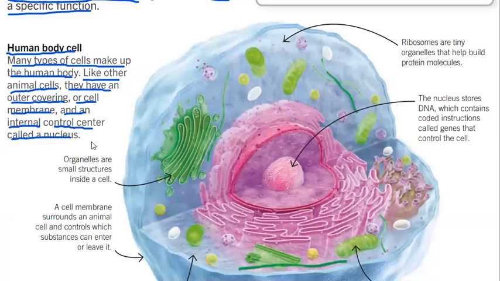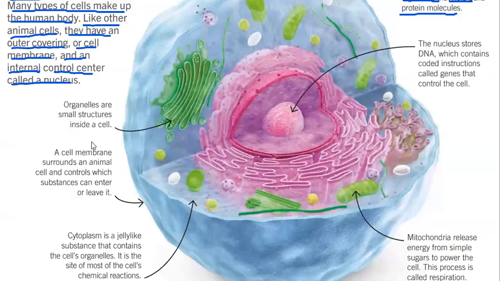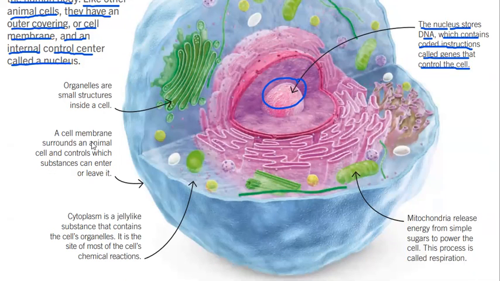These are ribosomes, tiny organelles that help build protein molecules. This location is the nucleus, which stores DNA, which contains coded instructions called genes that control the cell. This location is called mitochondria, which release energy from simple sugars to power the cell, and this process is called respiration.